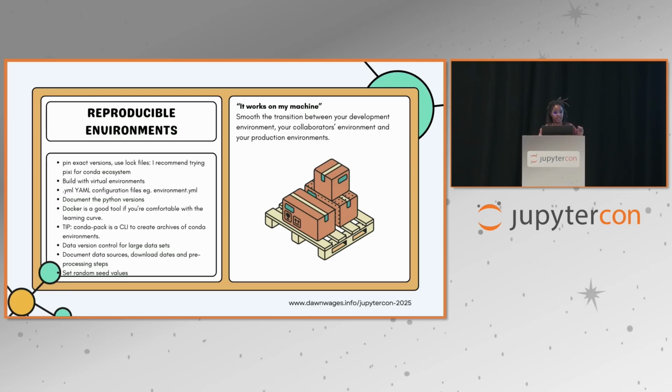Docker is a great tool if you're comfortable with that learning curve. There is a tip for Conda specifically. Not a lot of people are familiar with conda-pack, which is a CLI tool to create archives of Conda environments. You can have data version control, and then I also recommend, this is common practice, but set random seed values to test your code frequently.